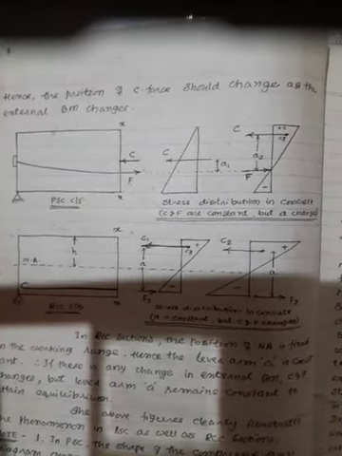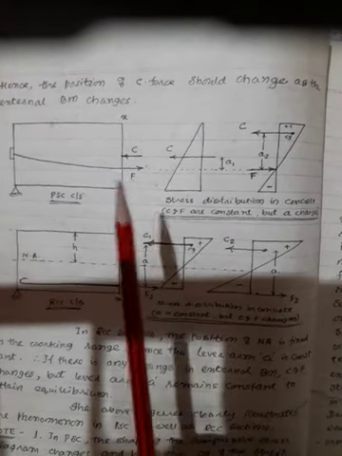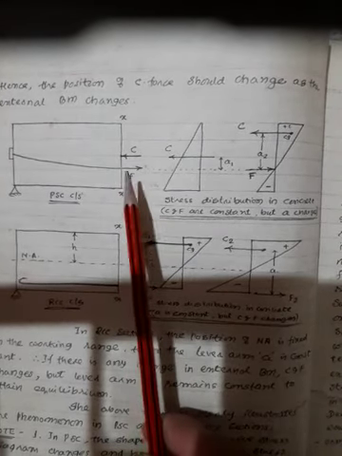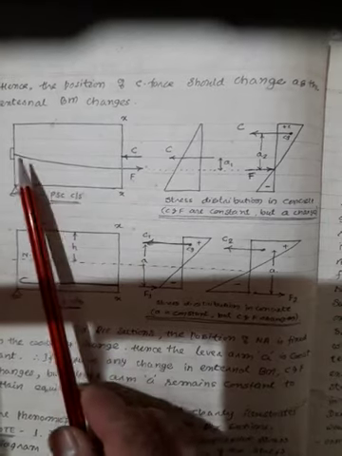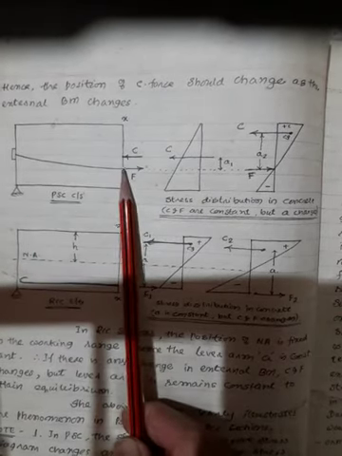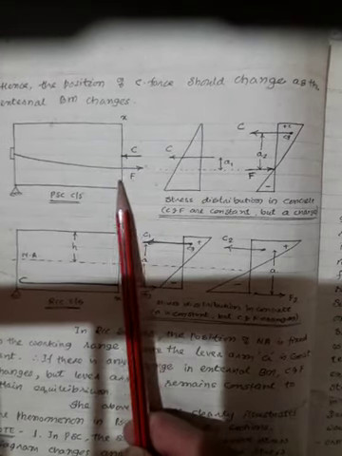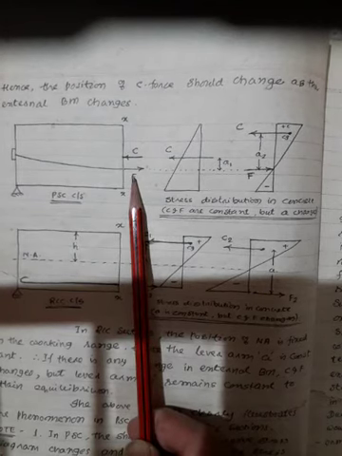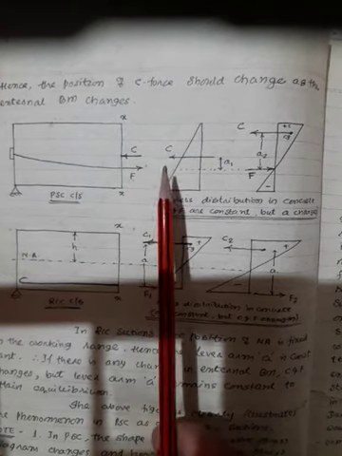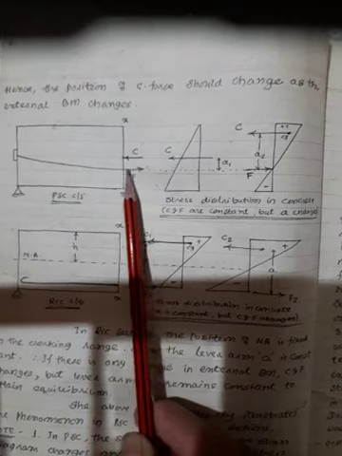So now we'll see what happens in case of your prestressed concrete section. See, in case of your prestressed concrete section, the F force is acting at the cable level, so I have shown it as F. Initially, the C force is acting here only.